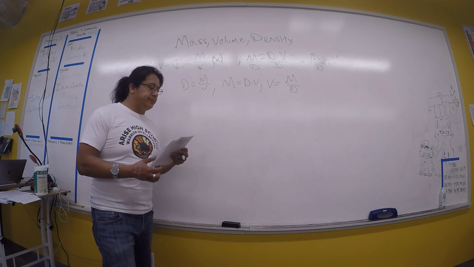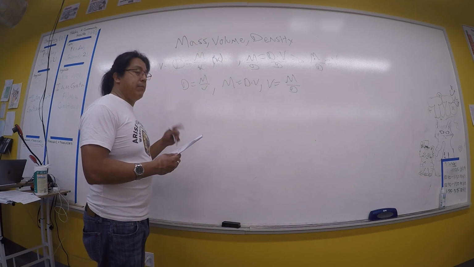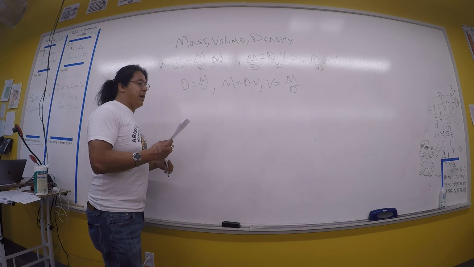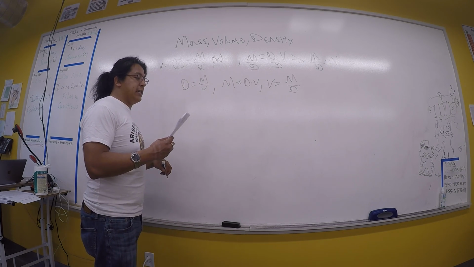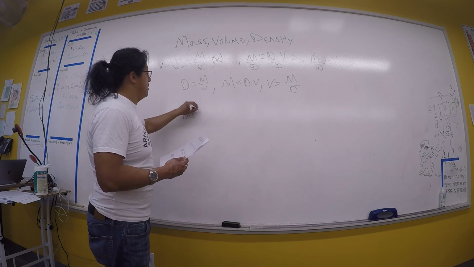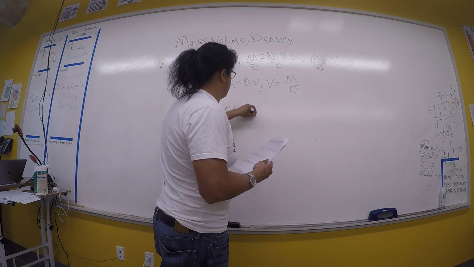So for example, let's take a look at the chemistry quiz review, problem number 4 in the density section. A rectangular block of copper metal weighs 1,596 grams. Boom, that's our mass. We're given our mass, 1,596 grams.